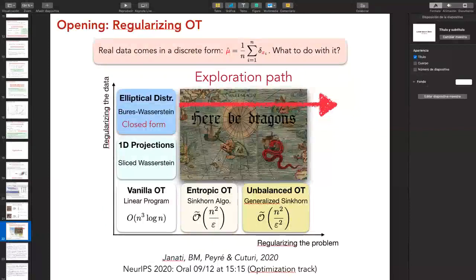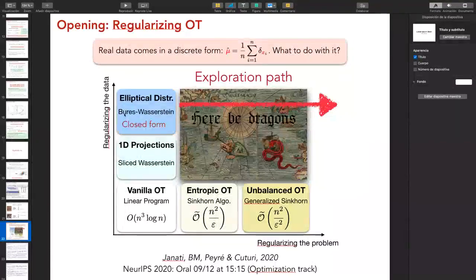But I agree that if you want to learn a continuous distribution from Diracs directly, then you shouldn't use the Wasserstein distance. You should either regularize the optimal transport problem or regularize the data.